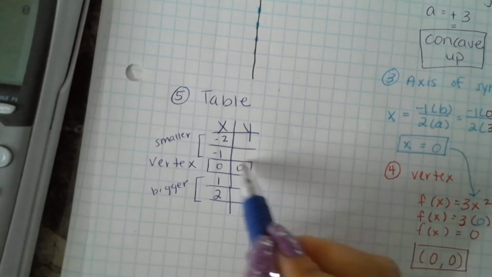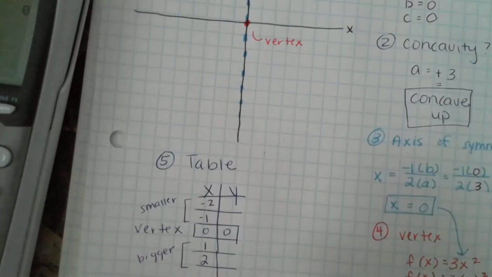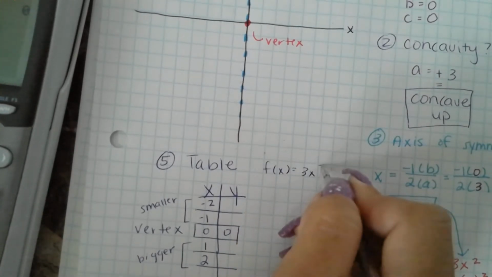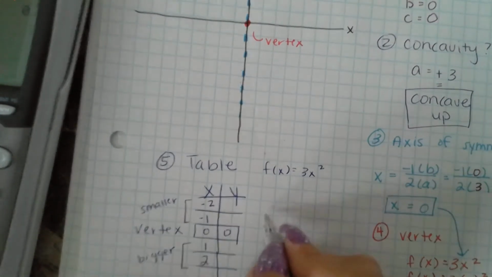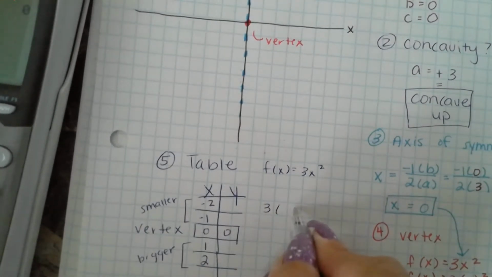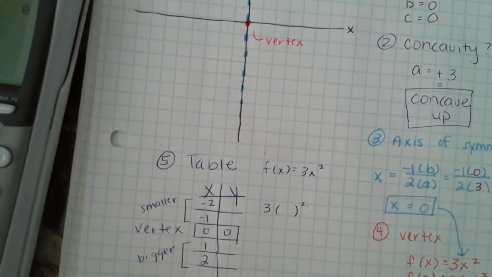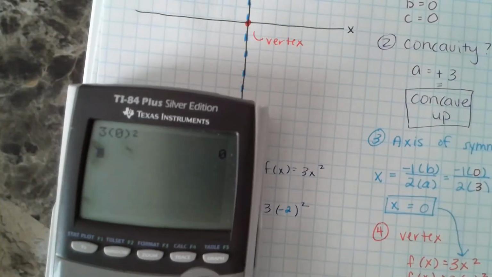Now, to figure out our y, we're going to do the same thing we did with our vertex. We take the equation f of x equals 3x squared and plug in our new x right here. So it's going to be 3 times whatever x is, squared. Our x is -2, so we write -2 right here, and we're going to put that into our calculator.